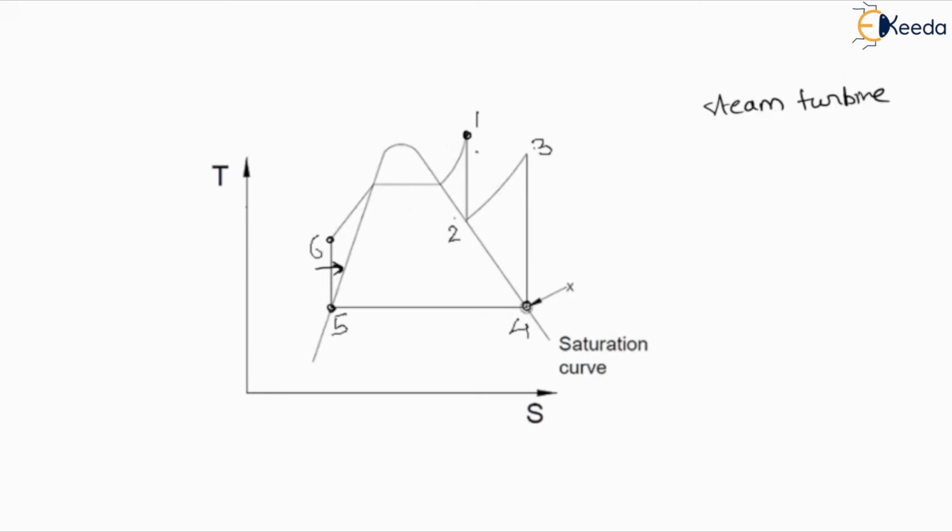So this point 1, which is in the superheated condition, is considered the entry point of the turbine. Now from point 1 to 2, you can see there is an isentropic expansion happening. At this particular point 2, the steam will be in dry saturated condition.